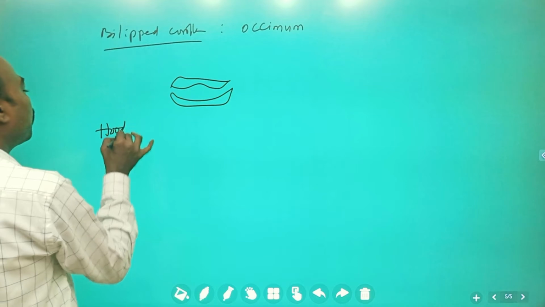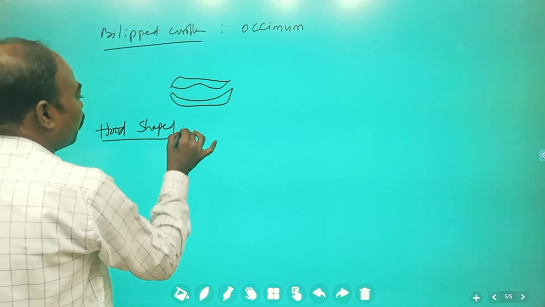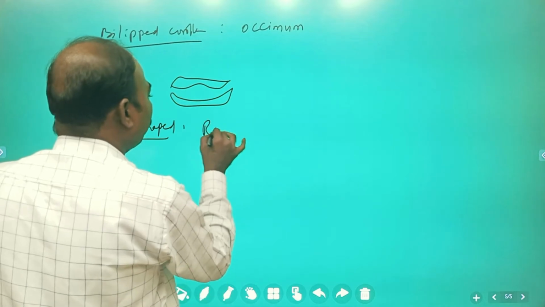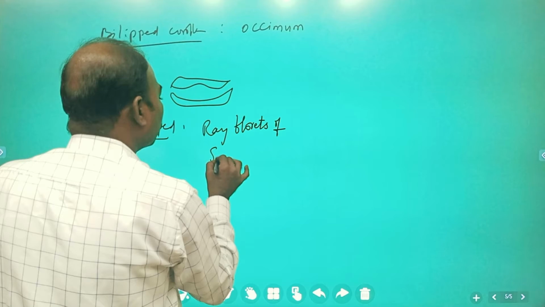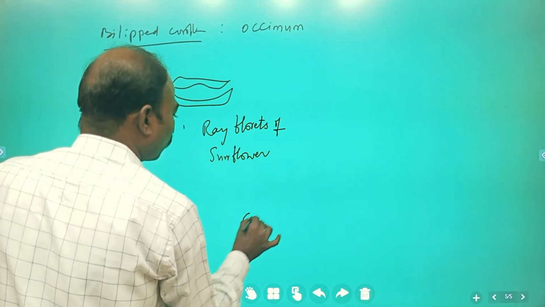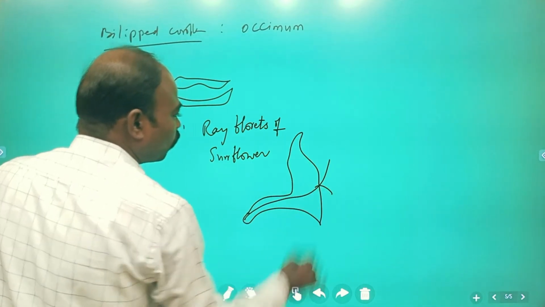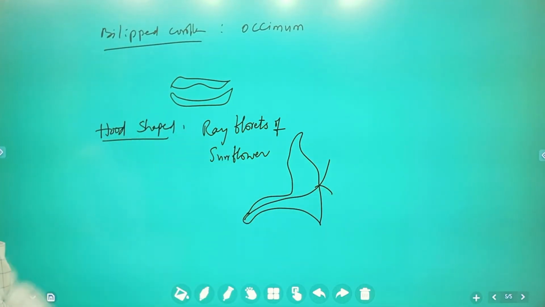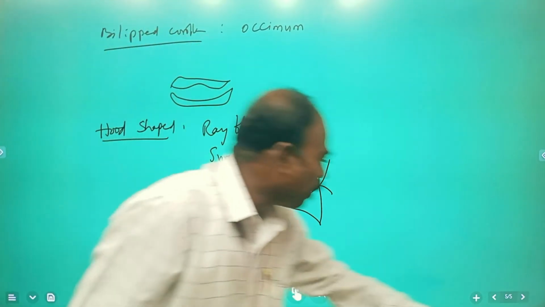Hood shaped corollas are found in ray florets of sunflower. Bilipped corolla is found in Ocimum.